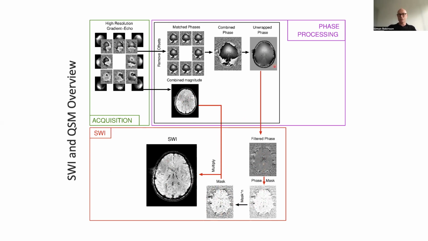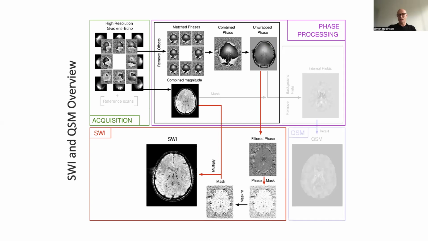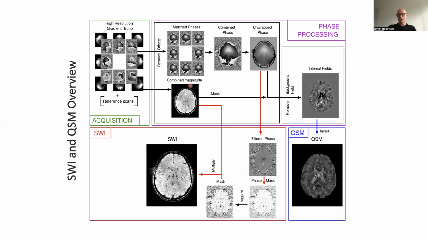In QSM, we start also primarily with this unwrapped phase image here. We might use the magnitude mostly just to generate a mask. And then there are 2 basic and further tasks in QSM. First of all, we have to distinguish between the external fields.